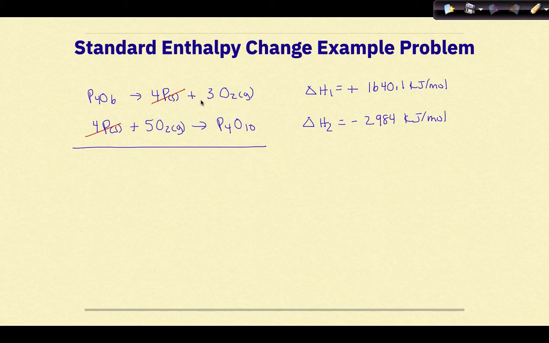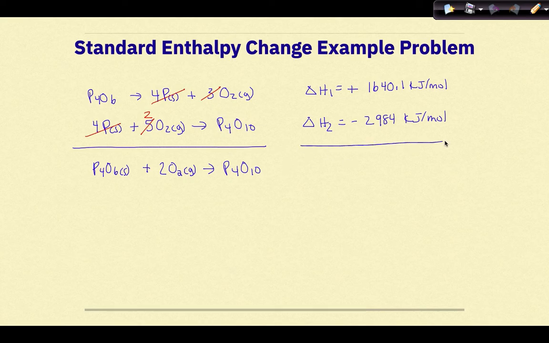So I can cancel out these 3 with a leftover of 2 moles. And when I rewrite my equation, P4O6 solid plus 2 moles of O2 gas yields P4O10.